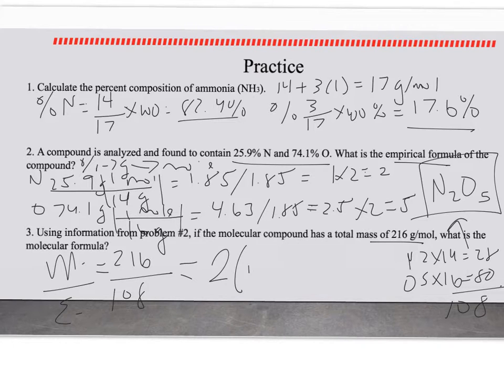So I take this 2 and multiply it through the subscripts of my empirical formula to get the molecular formula. So 2 times 2 gives you N4, and 2 times 5 is 10. So you should get N4O10 as the molecular formula.